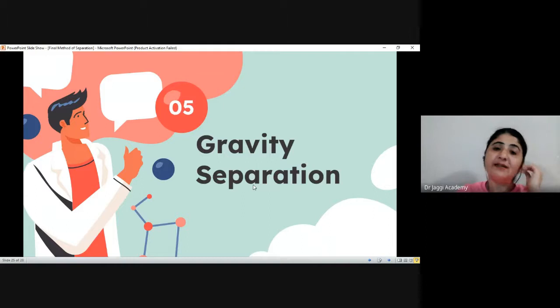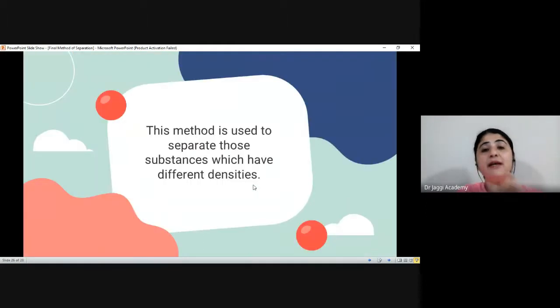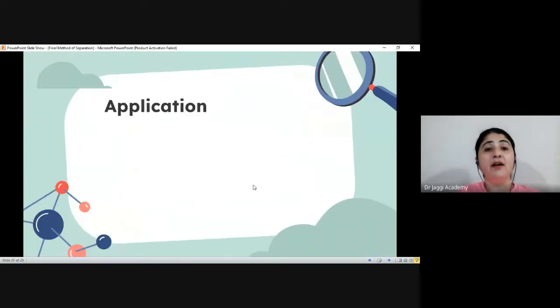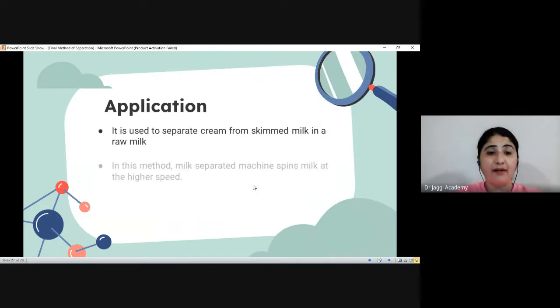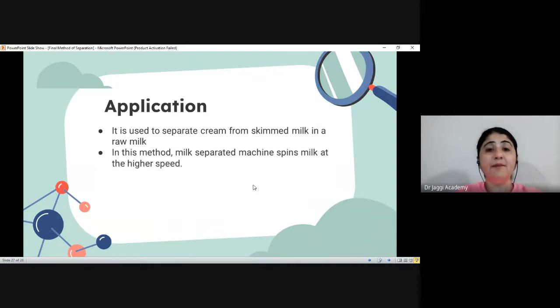The last method of separation is gravity separation. This method is used to separate those substances which have different densities. The main application of this method is to separate the cream from the skim milk in raw milk. In this method, the milk separator machine spins milk at a high speed.